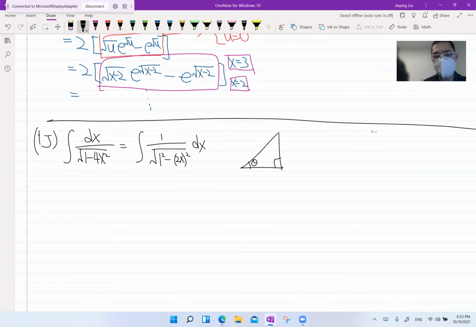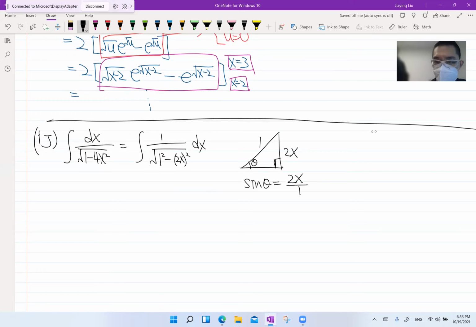It's 1 squared minus (2x) squared, so the 1 will go on the hypotenuse, and the 2x I'm going to put on the opposite side. So I can have a sine. So sine of angle theta is equal to 2x over 1, just 2x.